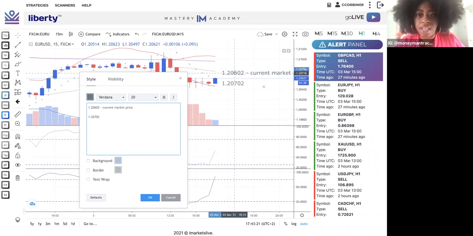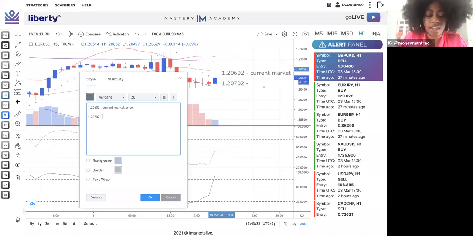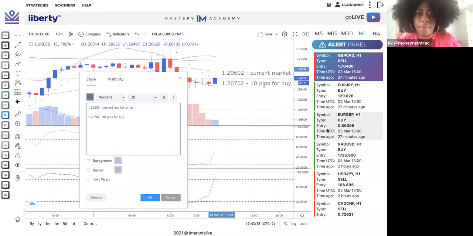We're only going up 10 pips from this. So we ignore the first 3 digits and the last digit. So that is 10 pips for a buy. If that makes sense, family, drop a 111 in the chat if it makes sense so far.